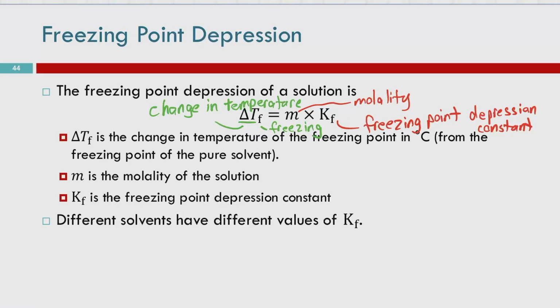K is often used to stand for constant, and the little f lets us know that this is for freezing. Kf values are different depending on the solvent. The delta T sub F, the freezing point depression, is how much our temperature changes from the freezing point, in degrees Celsius.